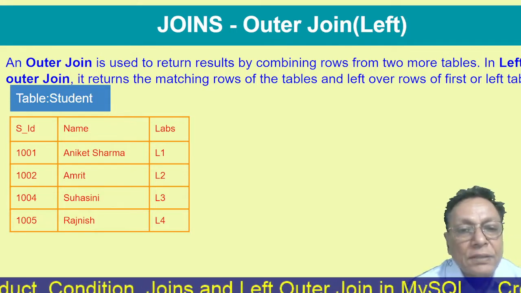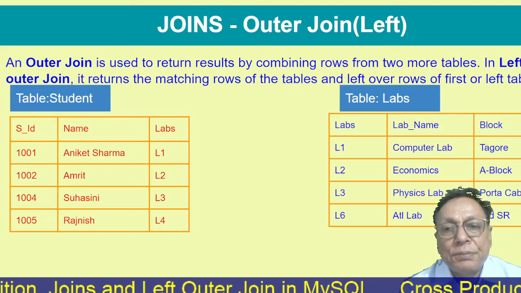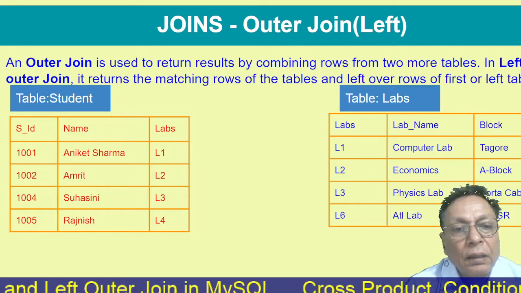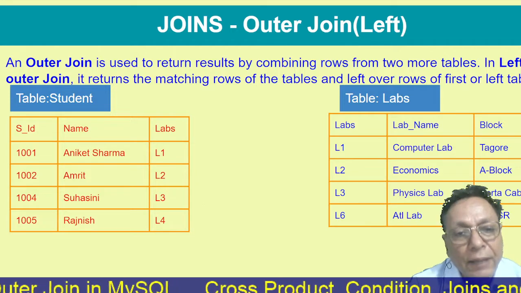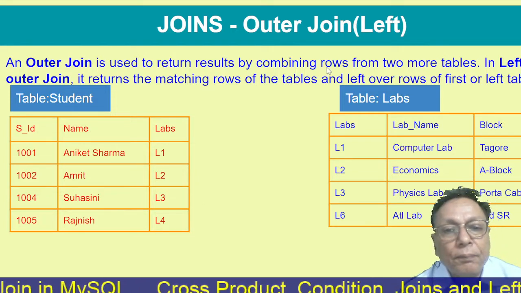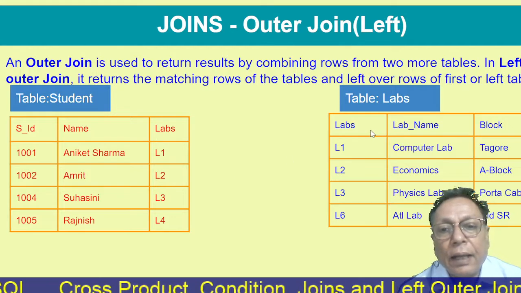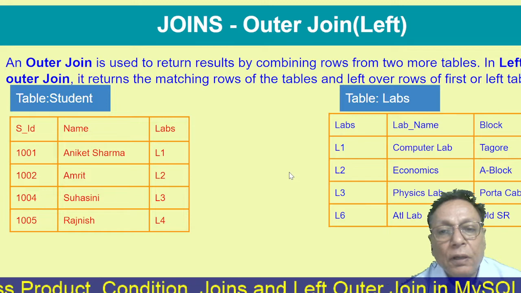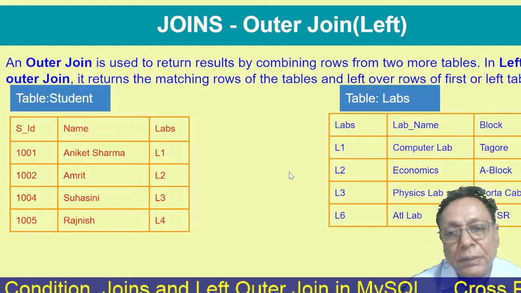And we have the second table, the labs table. In labs, we have the code of labs, that is lab code, because on the basis of the labs column we'll make the relation and we'll join the tables.